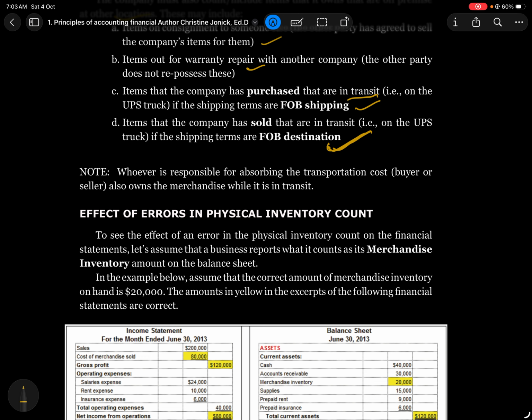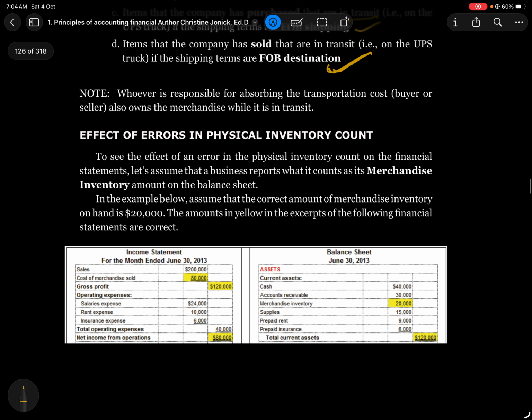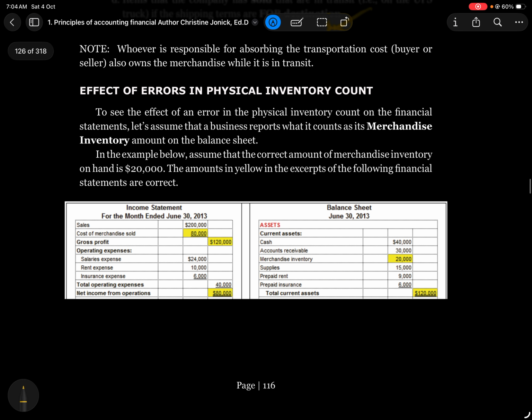If it was FOB destination, only after it comes into our warehouse would it be our inventory. Okay, so there could be different errors in physical inventory count. Let's just assume a business reports what it counts as inventory.